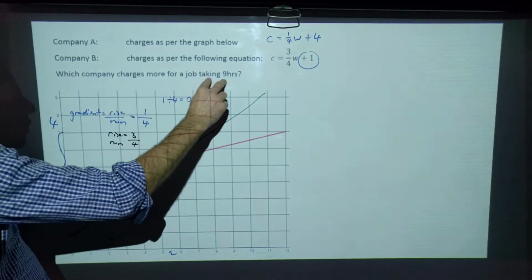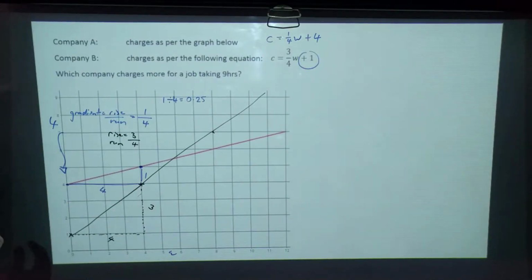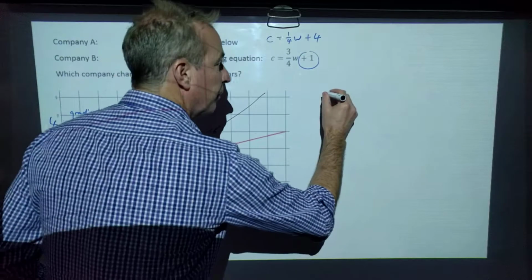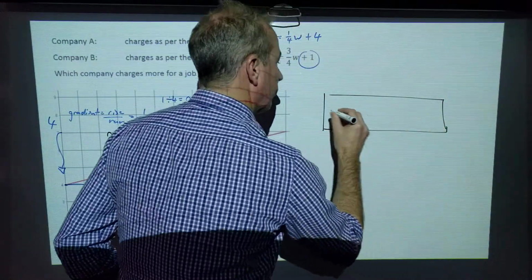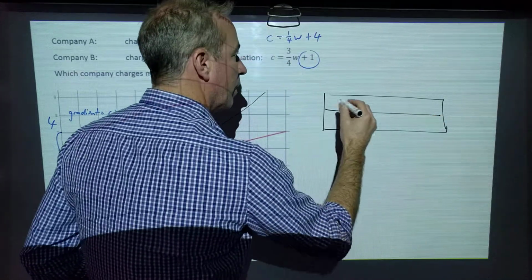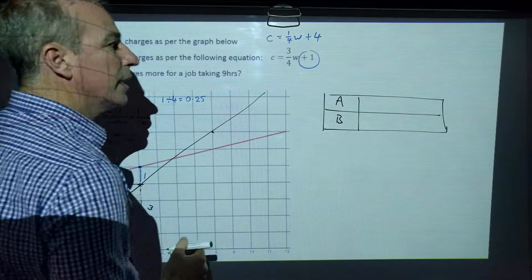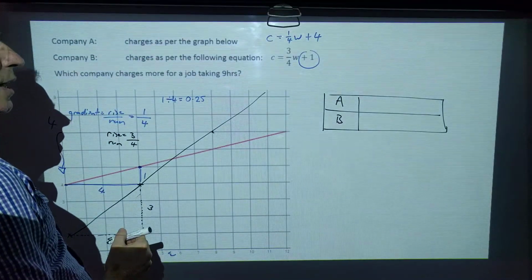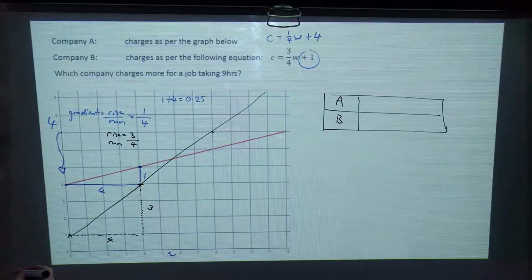Now, in terms of seeing who charges the most at 9 hours, we are able to do that in a number of ways. Often in class we talk about the easiest way of doing that is with a table. So if I draw a table here, that's company A and that's company B, and these here are the charges, so the cost.